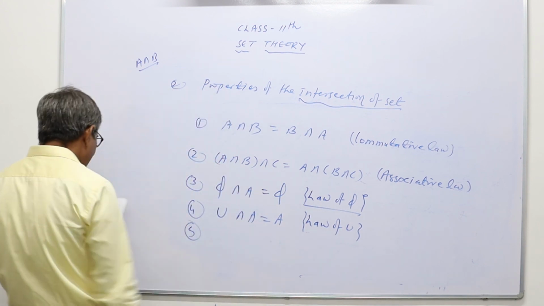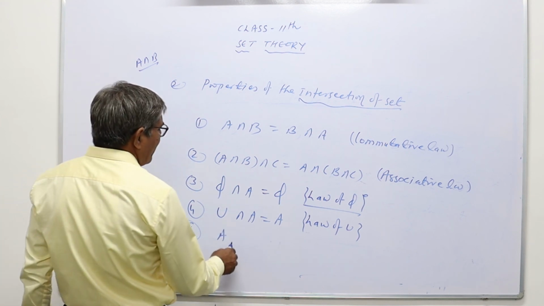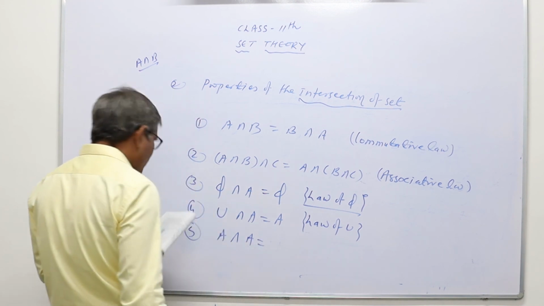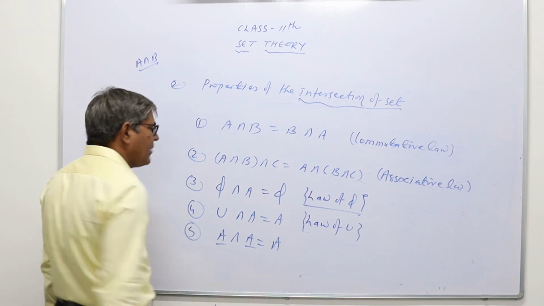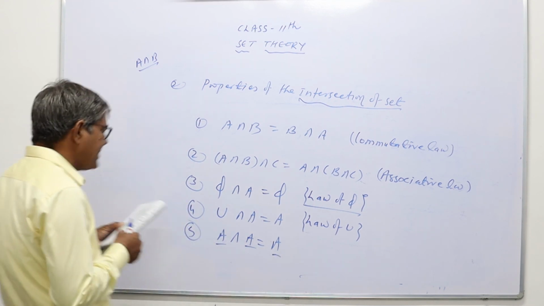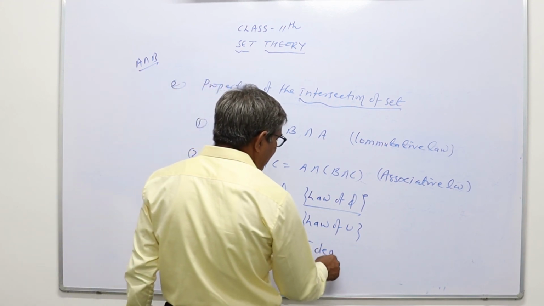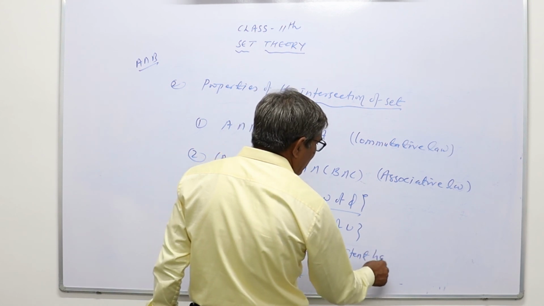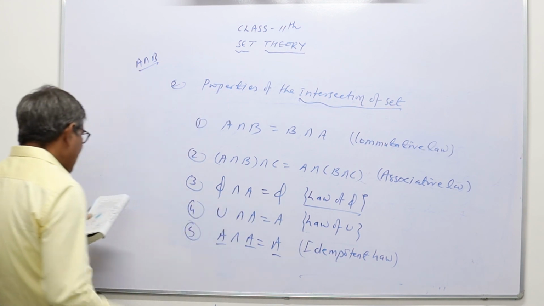Next property, the intersection of a given set A with itself will always be equal to A. The intersection of a given set with the same set is always equal to A. This is known as the idempotent law.